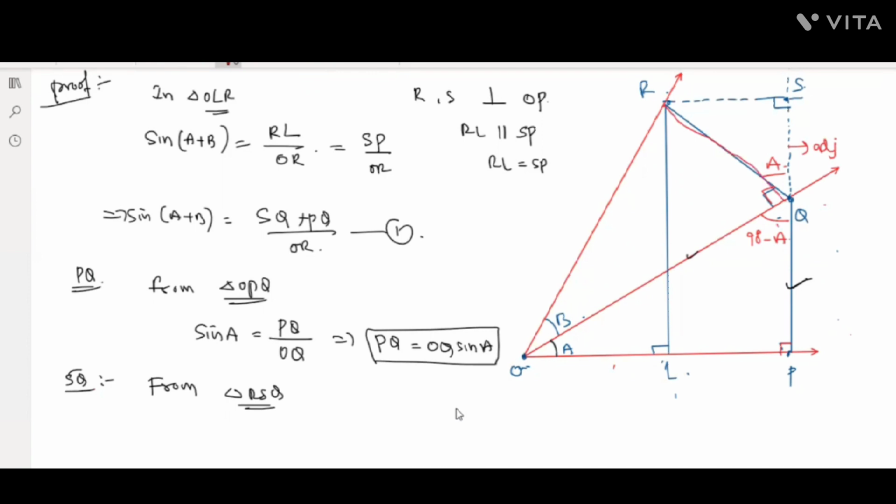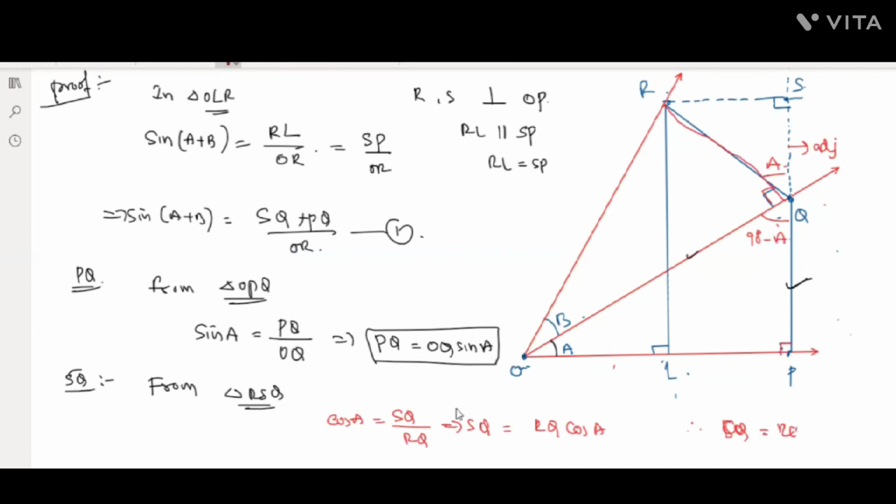So adjacent by hypotenuse means cos A. Cos A is equal to SQ by RQ. So from here, SQ can be written as RQ cos A.